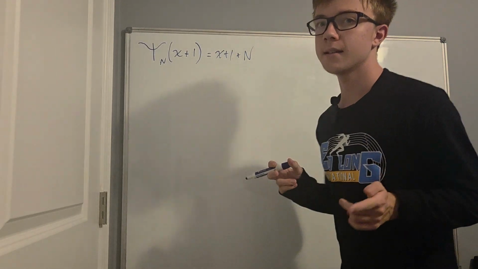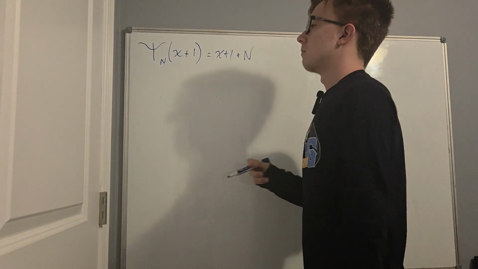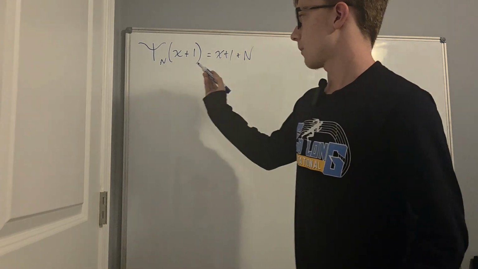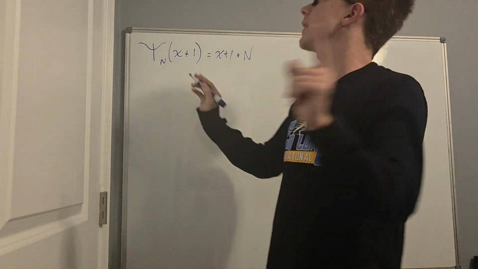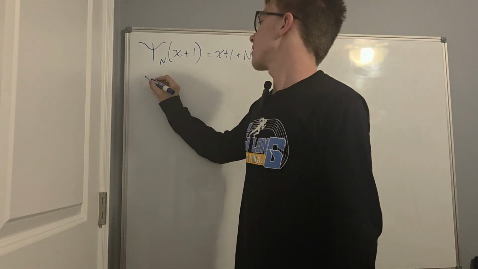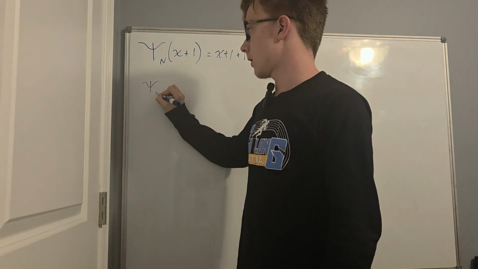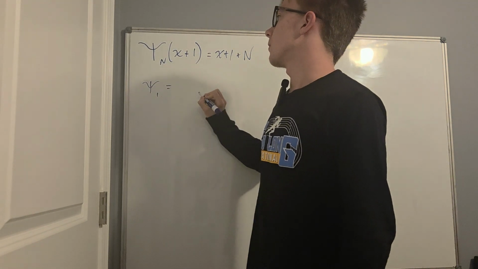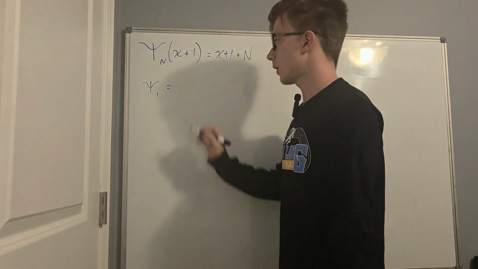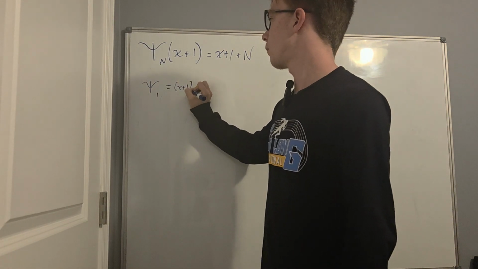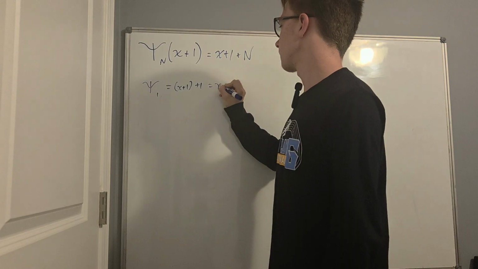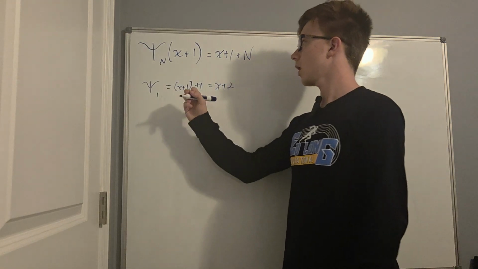So another way to look at this, just a bit more methodically, is I'm just going to take, let's find the first composition first. So I'm looking at the first composition is going to be equal to, I plug in x plus 1 plus 1, right? X plus 2. Okay.